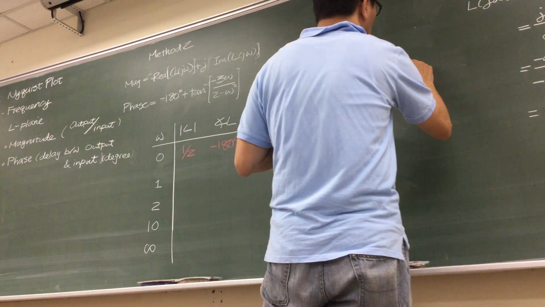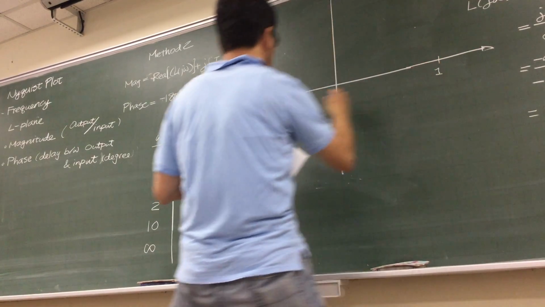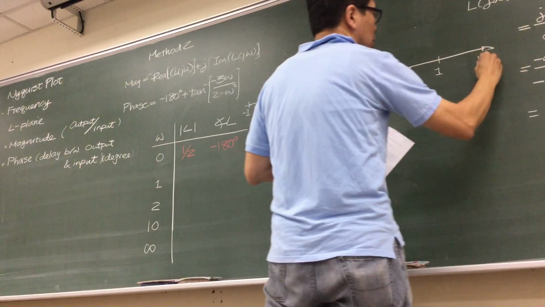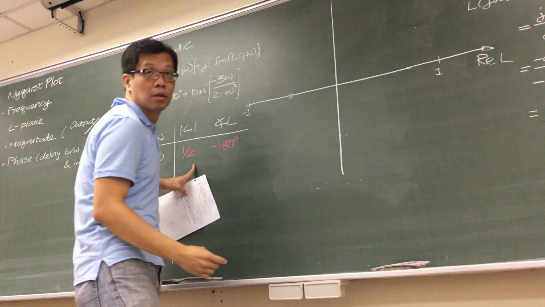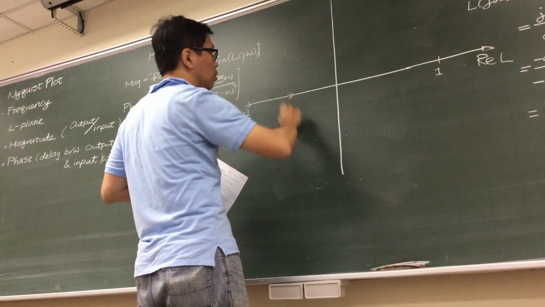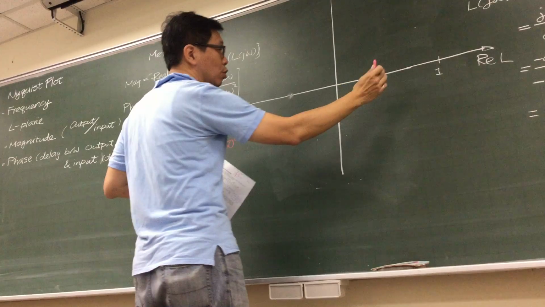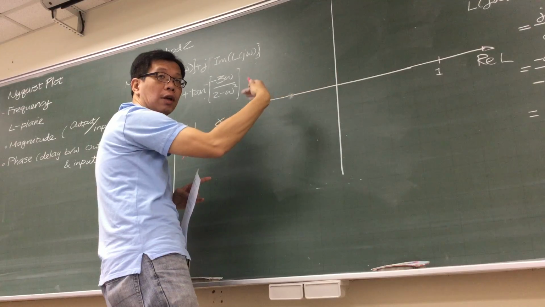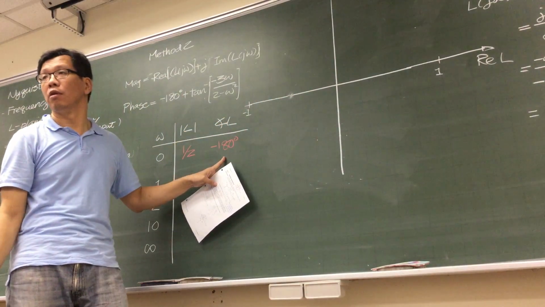Let me explain everything larger. So if you use this method, it is going to be 1/2. So you have a circle, 1/2. But the angle is going to be negative 180. So do I put my plot over here or over here? Right hand side or left hand side? Negative 180 degree. Left hand side.